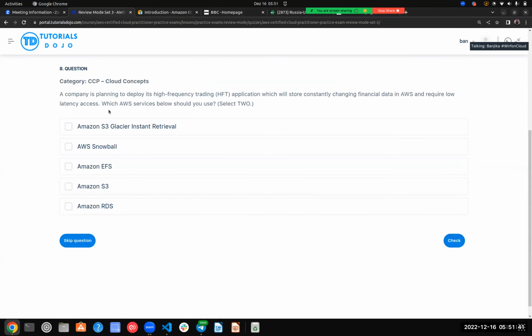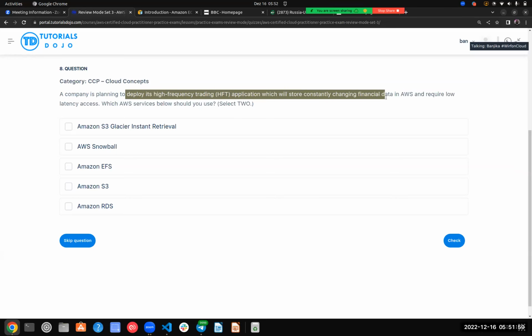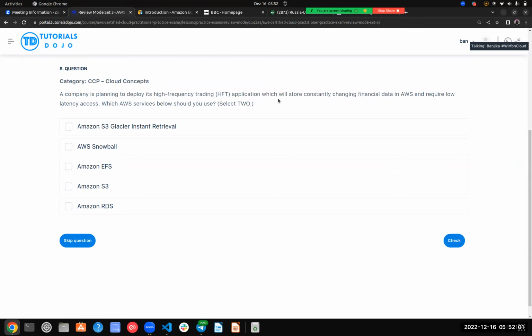So this is for you, Edwin. A company is planning to deploy its high-frequency trading application, which will store constantly changing financial data in AWS and require low latency. Which AWS services should you use? Select two.